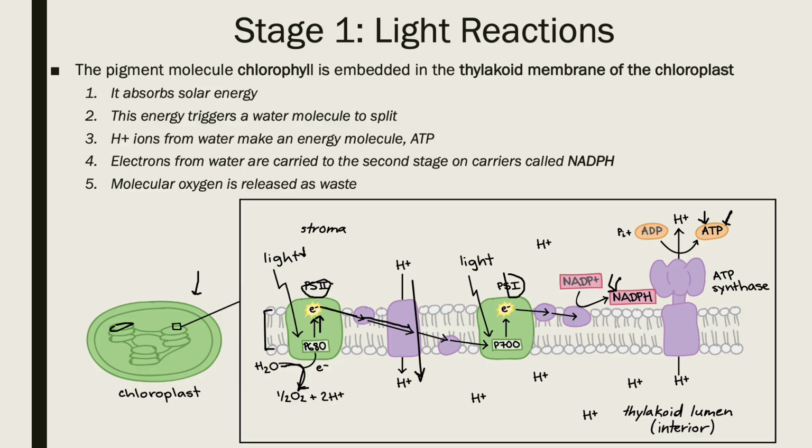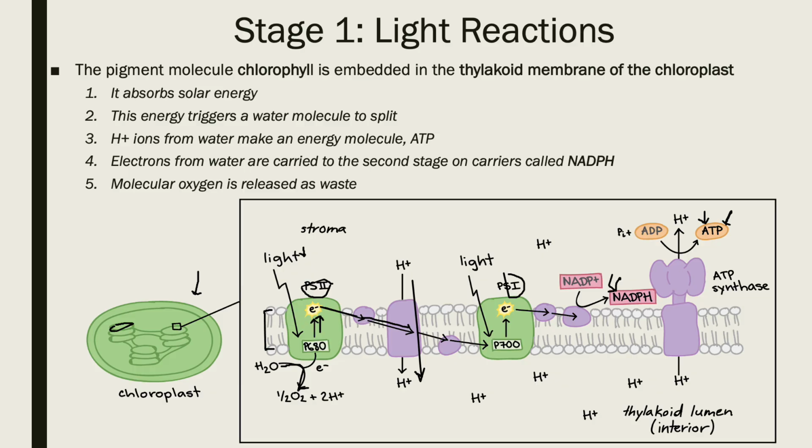So I've outlined for you the 5 main things that happen early on in the light reaction. Incoming light energy or solar energy is absorbed by the chlorophyll pigment in our photosystems. That energy triggers a water molecule to split, and all we need from that water is the electron. So that electron becomes energized, and the chlorophyll pigment molecule will essentially pass it along from protein to protein.